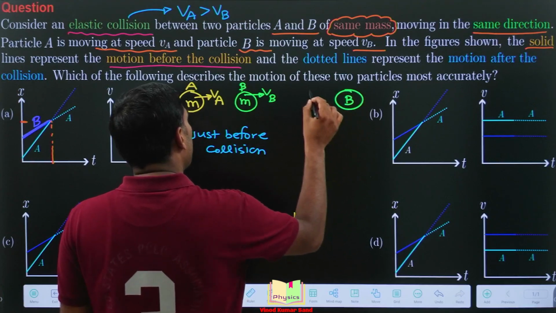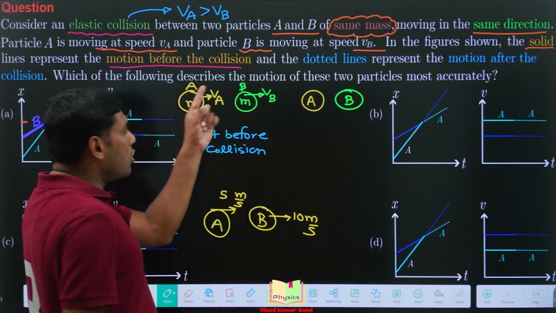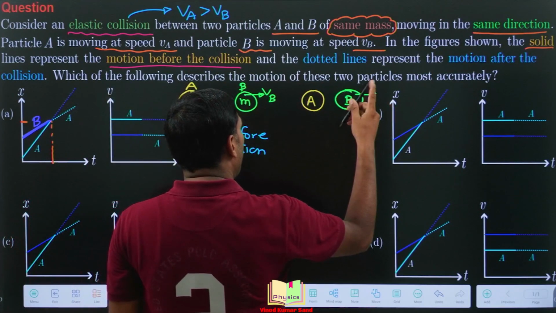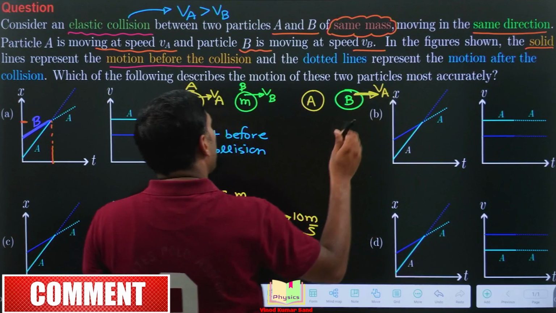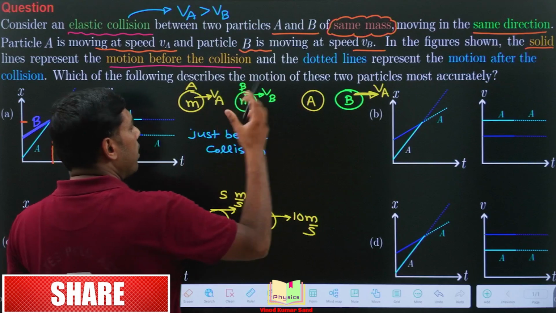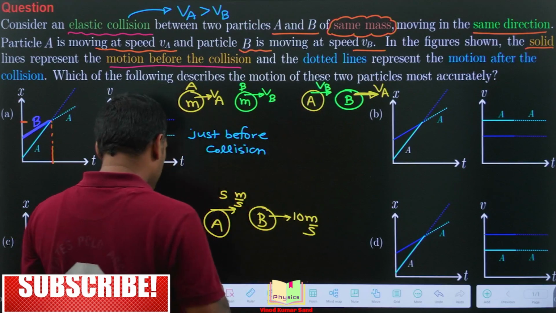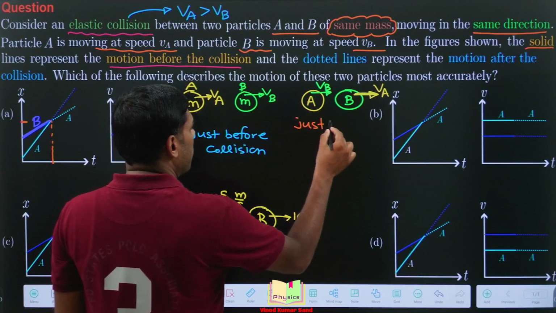This is particle B. This is particle A. They exchange their velocities. It means this particle will now have the speed VA and this particle will now have the speed VB. This picture has been made just after the collision.